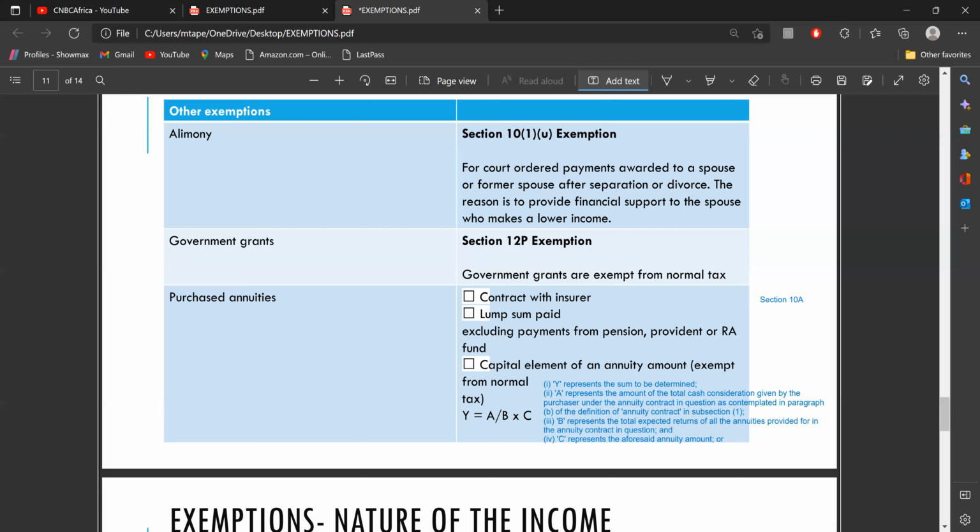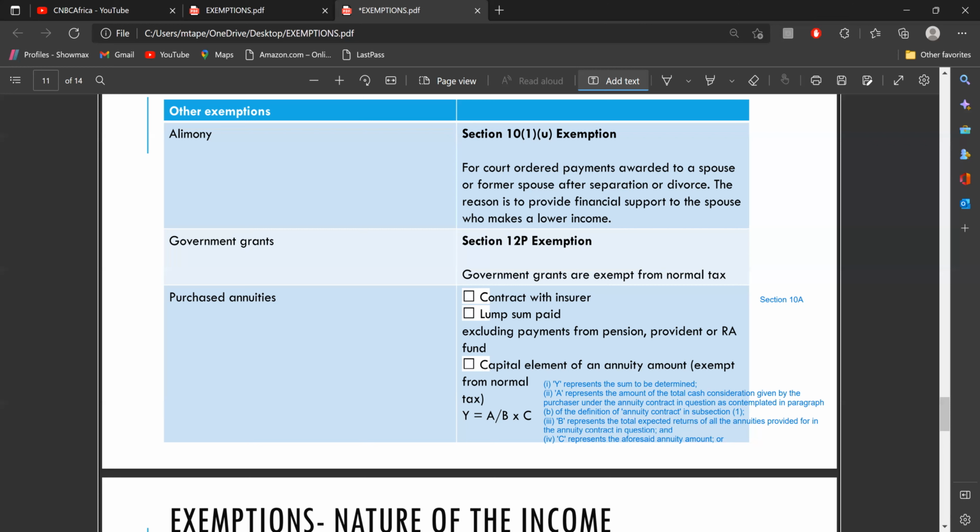You'll have Y equals A over B times C. So Y will represent the sum to be determined, which is the capital element, right? And A would represent the cash consideration given by the purchaser under an annuity. So A is basically the amount that you are using to purchase that annuity.